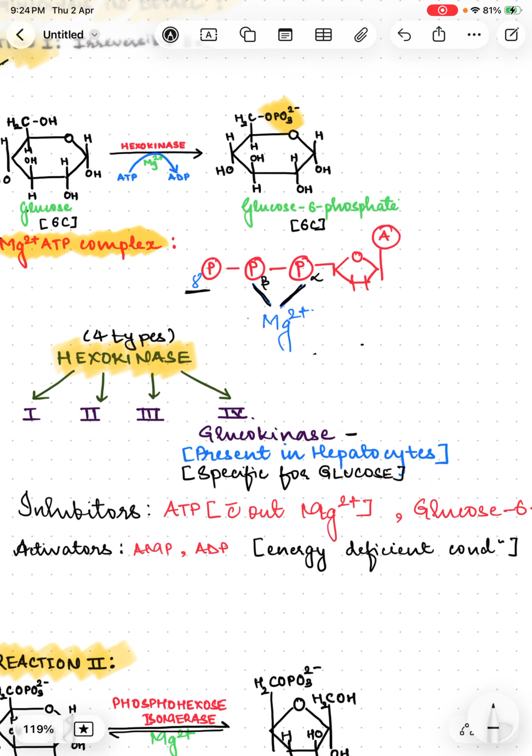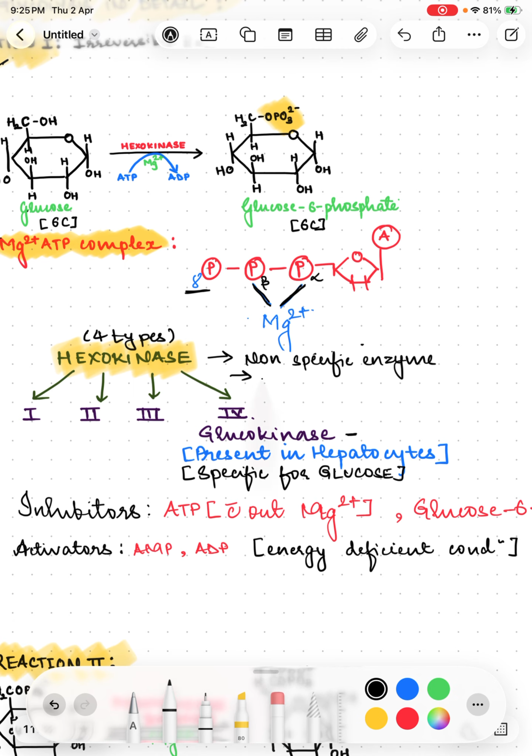Basically this hexokinase is a non-specific enzyme. It can add phosphate to any 6 carbon sugar.